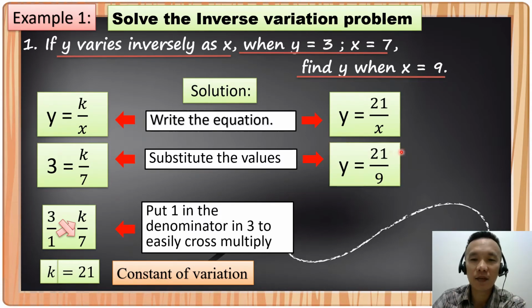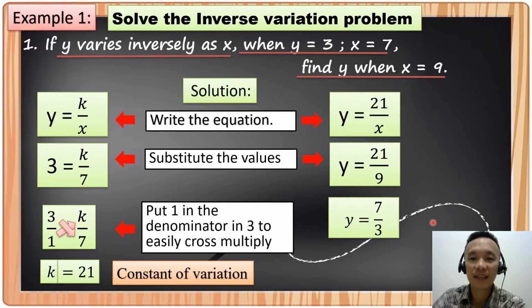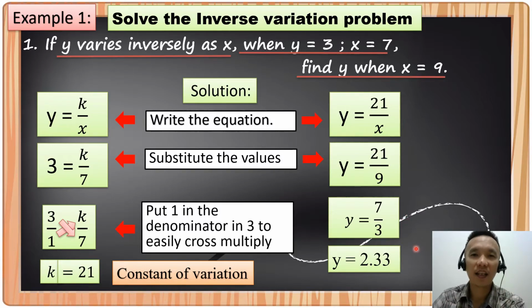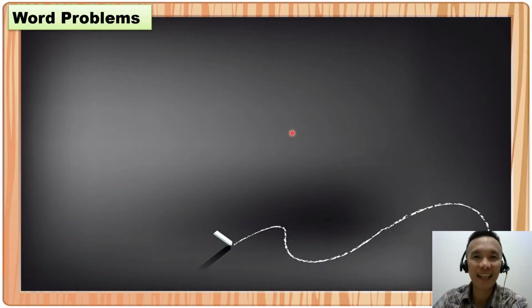Now, since 21 over 9, if you divide it, will not give us a whole number, we are going first to find its lowest term. So the lowest term will be 7 over 3. Or if you write that in decimal, that is 2.33.